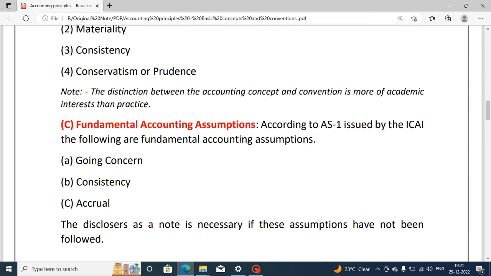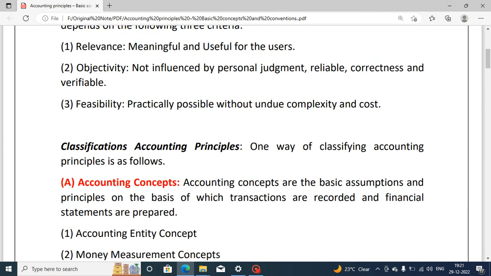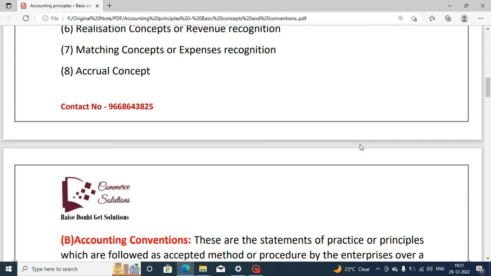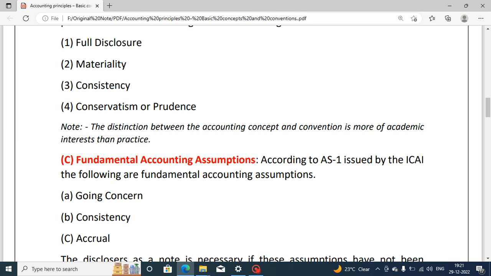Here is a note. Conventions mean statements of practice and concepts mean assumptions. So what is the difference between concept and convention? The distinction between accounting concept and convention is more of academic interest than practice.